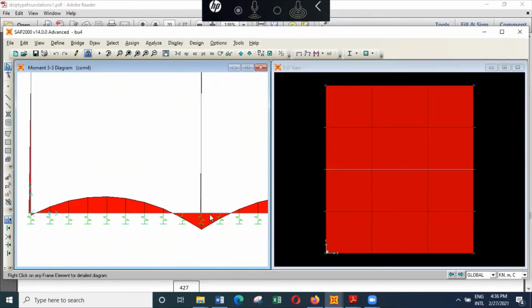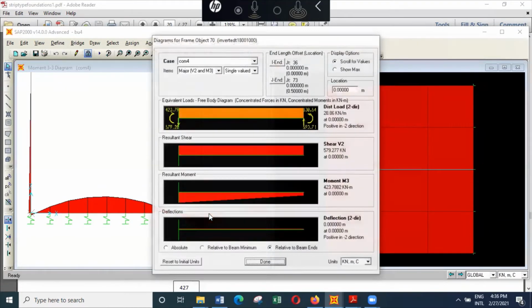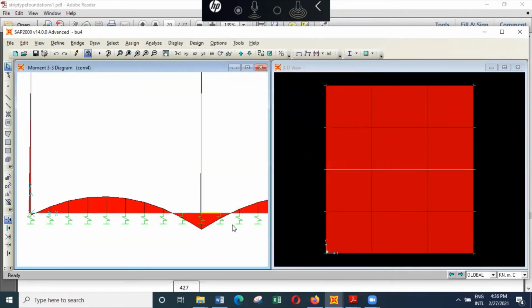But on this side, you will get 423. So I have considered 427 because I have used another version of the model. So I got 427 there.